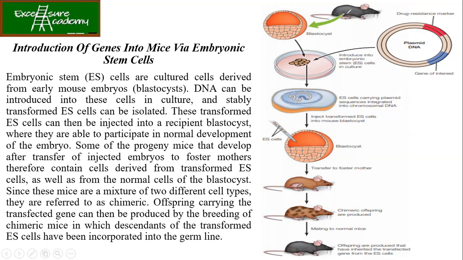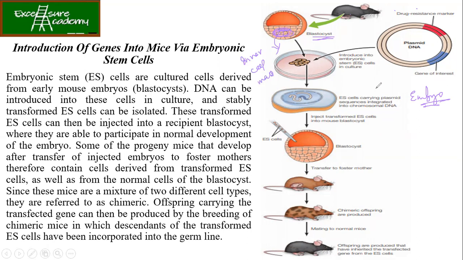In the mouse, after the egg and sperm fertilize, your embryo starts forming. At the blastocyst stage, where you have this shape of the embryo, you take the inner cell mass. Now, this can be grown in the culture.